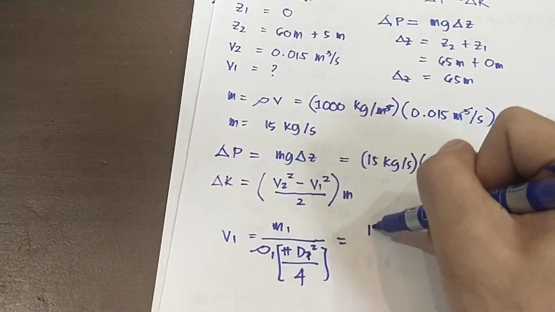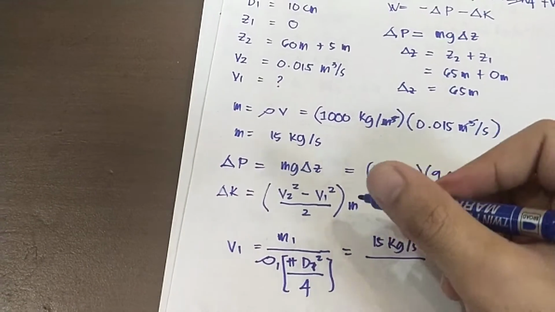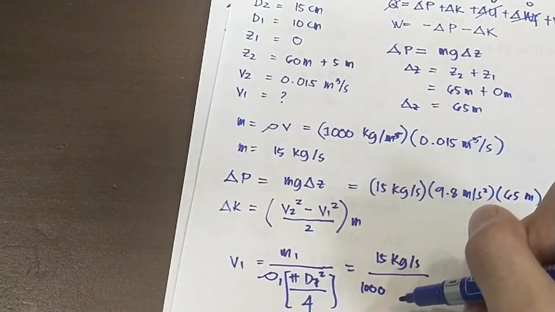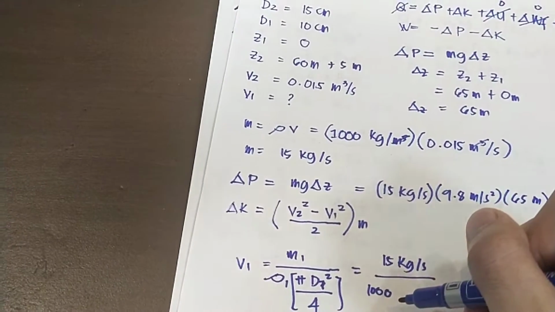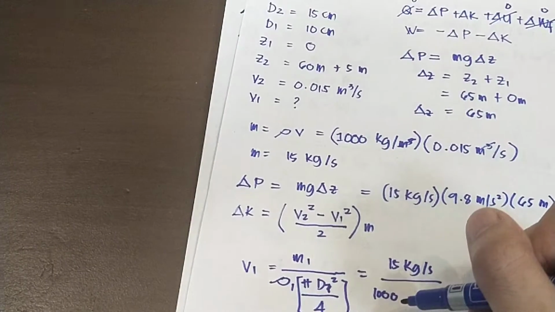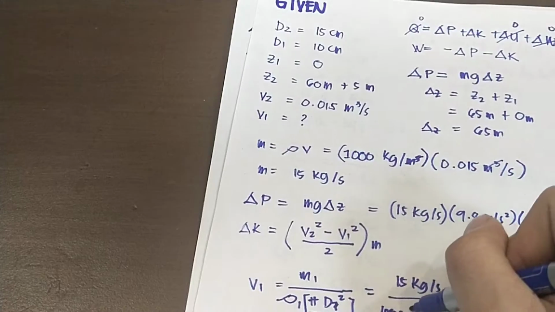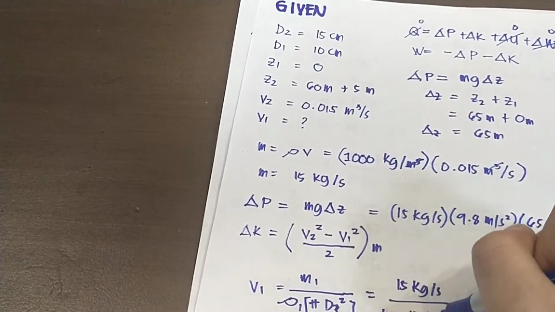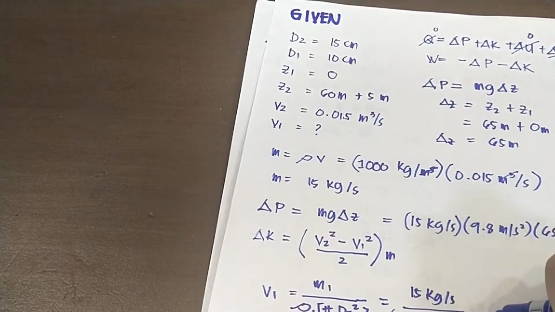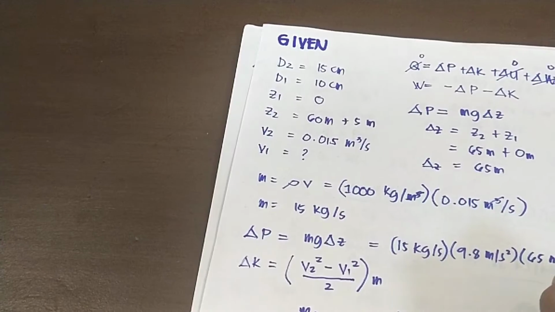So 15 kilograms per second over the 1000 density, because our density 1 and density 2 are the same, so 1000 kilograms per cubic meter, times the area, which is D1.